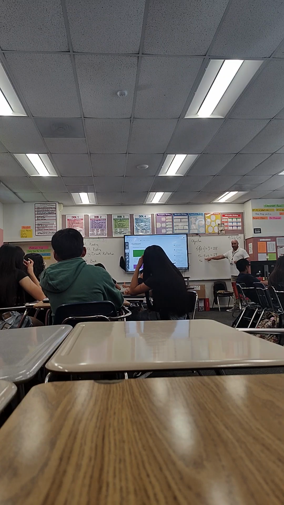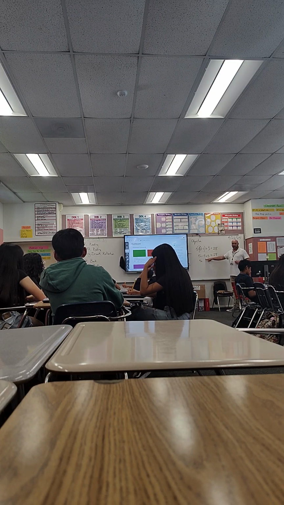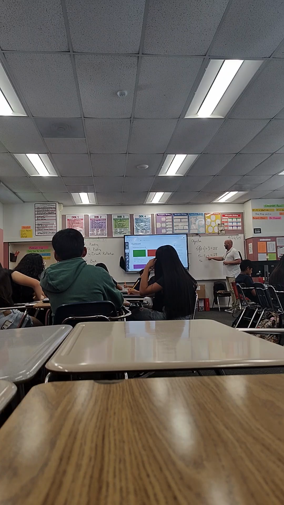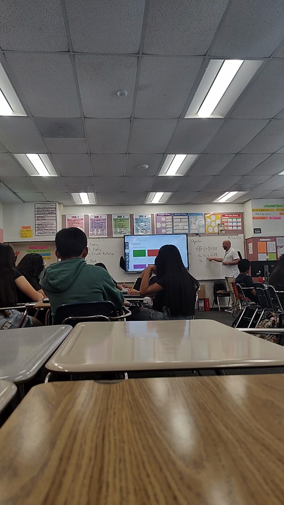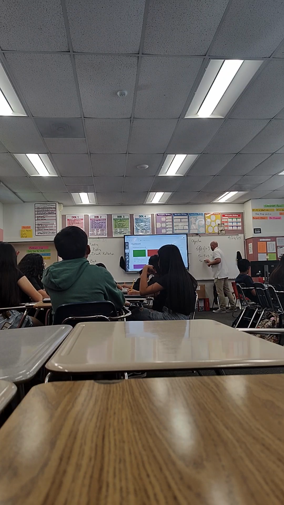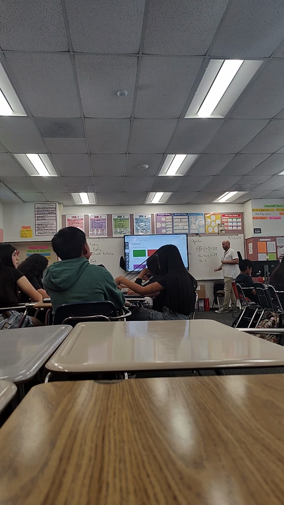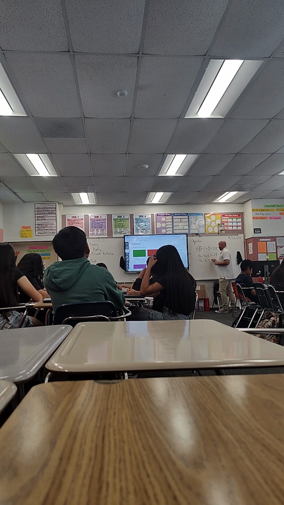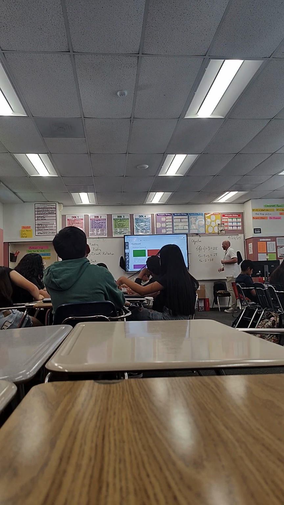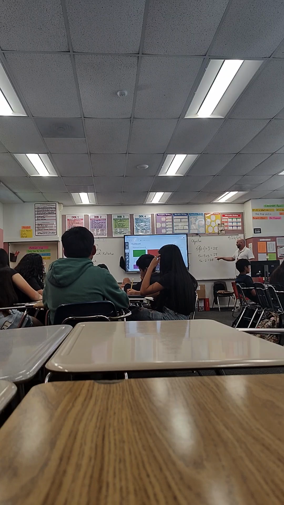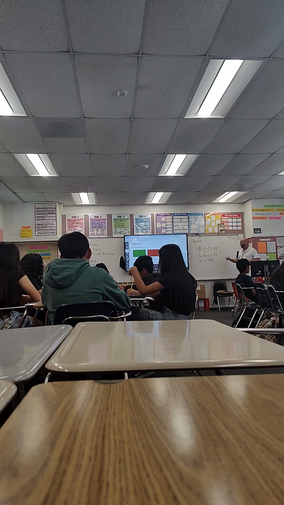Can we combine these two numbers? Yes, we can. We have -5 and +3. When we combine those two, that gives you -2. And then that still equals 28. So we have 5x minus 2 equals 28.